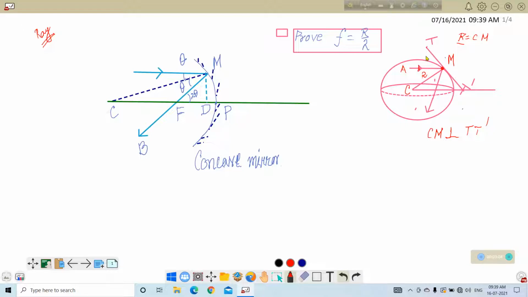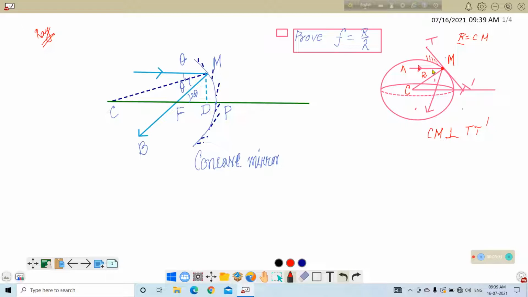That means if we consider this spherical body like this, the outside of the spherical body is silvered, and inside of the spherical body is a plane surface. It may be made of glass or any metallic surface. Actually, this is the point of incidence of AM light ray.